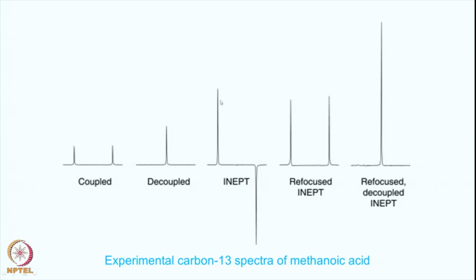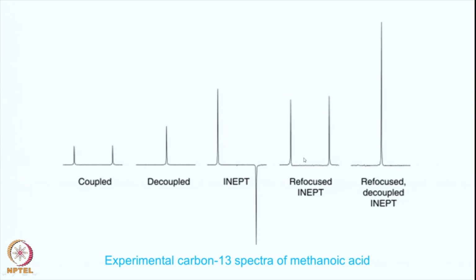And therefore, this has a gamma H by gamma C signal enhancement. Therefore, in the normal INEPT, you have these antiphase signals which are one positive here and one negative here. Now if I did a refocused INEPT, this will turn out to be positive, it will go up like this. So this is positive here and this is positive here, and now refocused and decoupled.